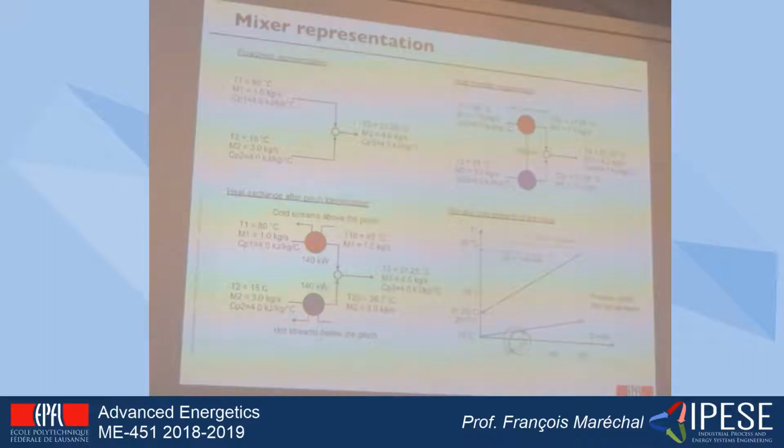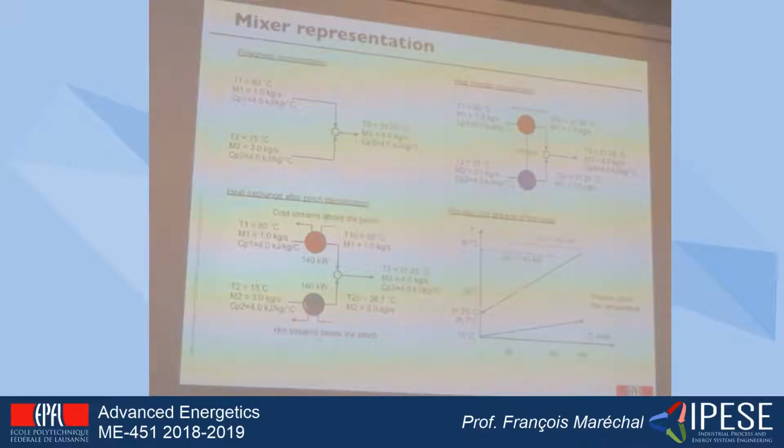But which also means that because I had these 140 kilowatts that were available in the stream that is now recovered, I need to find a hot stream to supply the heat that is needed to compensate the 140 that are not available here anymore. And this will be done by streams that are available from below the pinch. And I know that I have enough, because I have identified the pinch.